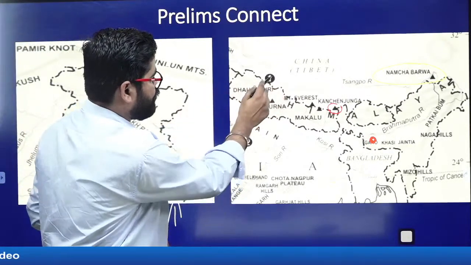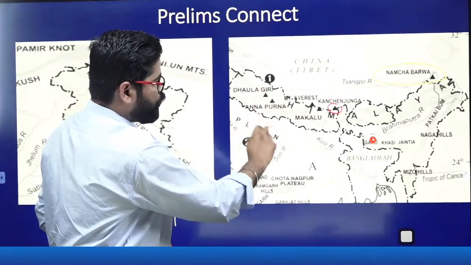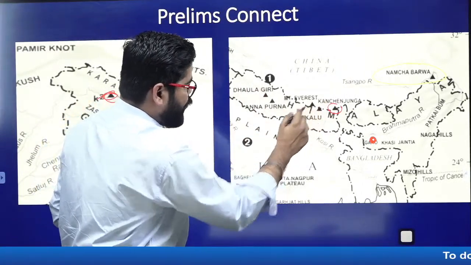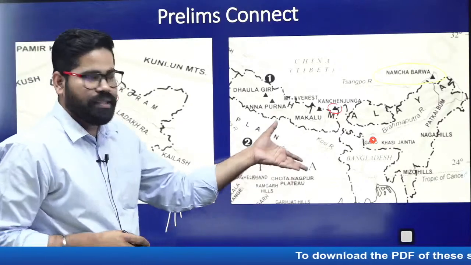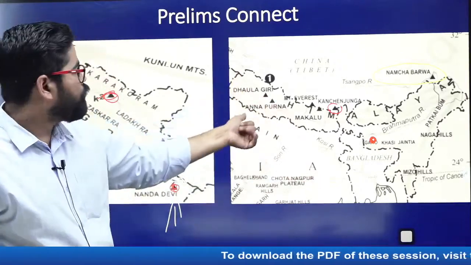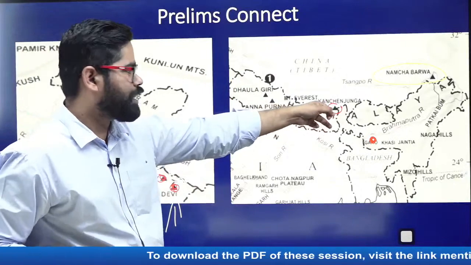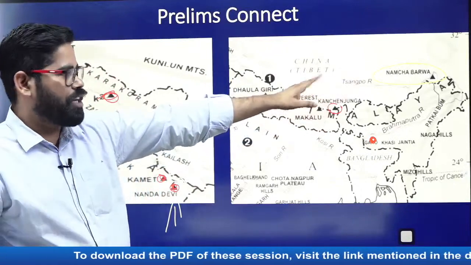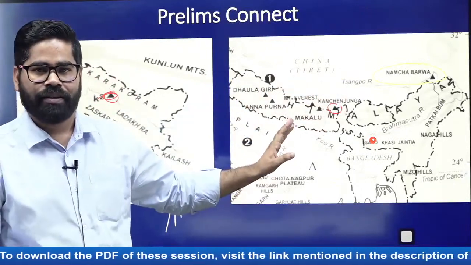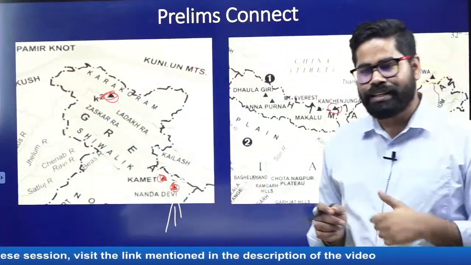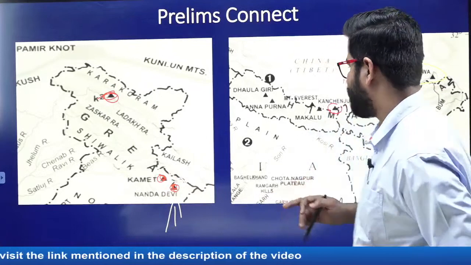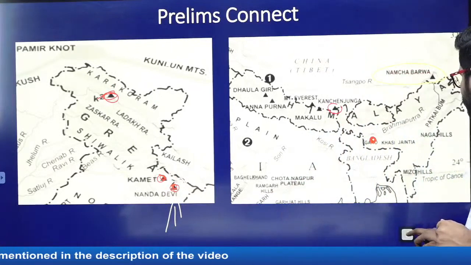Here we have the Dhaulagiri range, the Annapurna range, the Makalu range, and Mount Everest. All these important peaks are in the Nepal Himalayas. Then in the Sikkim Himalayas we have Kanchenjunga, and in Arunachal we have Namcha Baba. So when you are looking at maps, note the important peaks there also, because sometimes questions can be framed from there as well.